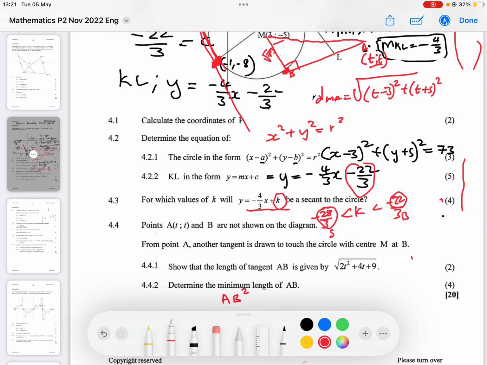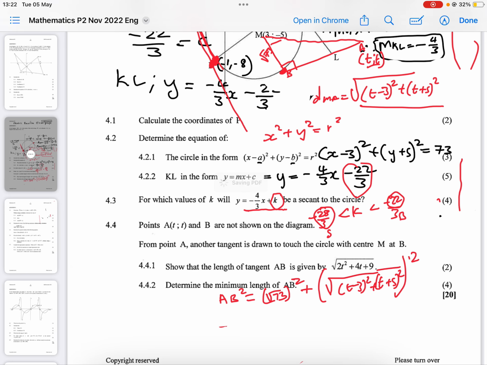So AB squared is equal to y, the opposite, which is the root of 73 squared, plus the hypotenuse, MA, which is the root of (t minus 3) all squared plus (t plus 5) all squared, and the square of the r.